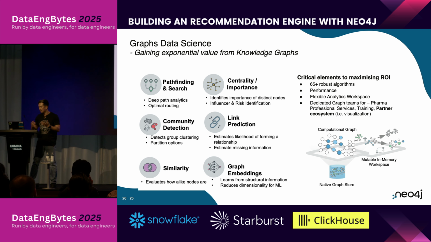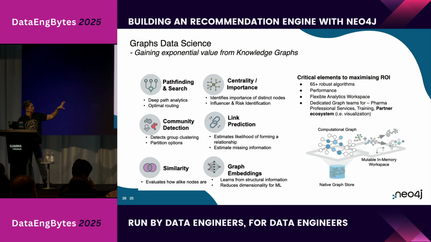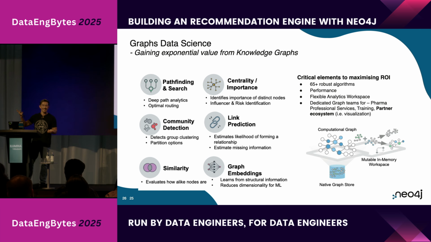Honestly, I don't really understand half of it. We have algorithms for pathfinding, centrality, community detection, link prediction, similarity, and last but not least, graph embeddings. These are all quite valuable, but they all answer basically 3 main questions: what's important in your data, what's unusual in your data, and what comes next.